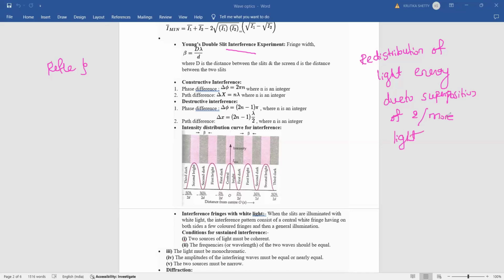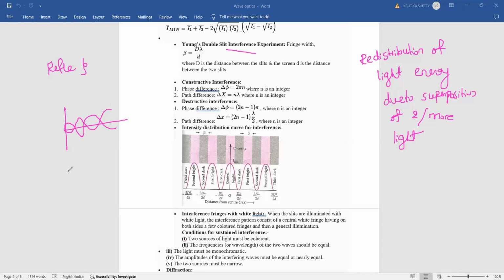In the previous case we discussed the principle of superposition, and the interference phenomenon is defined based on it, because there we have two waves getting superimposed. This is nothing but the principle of superposition. Young's double slit says that due to the superposition of two or more light waves, the redistribution of energy takes place.